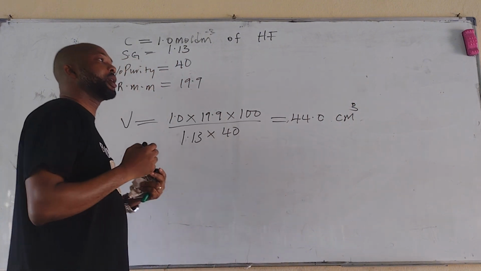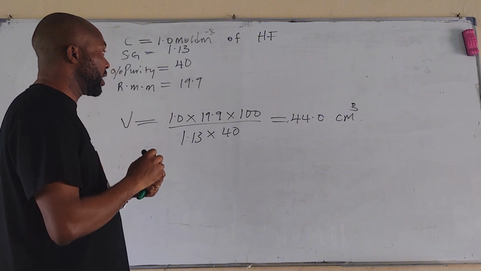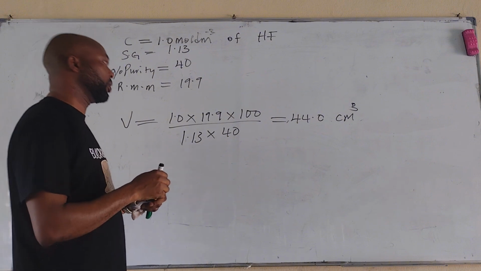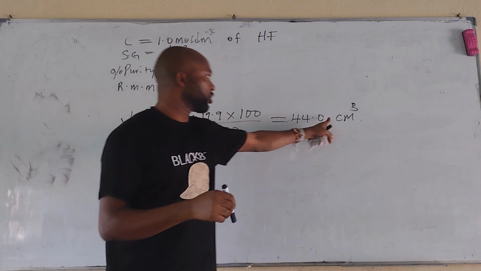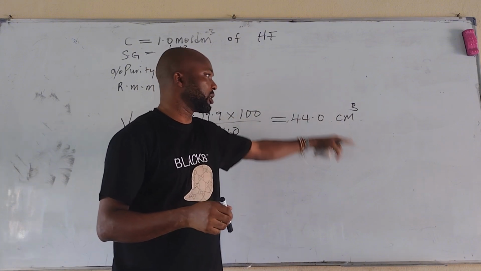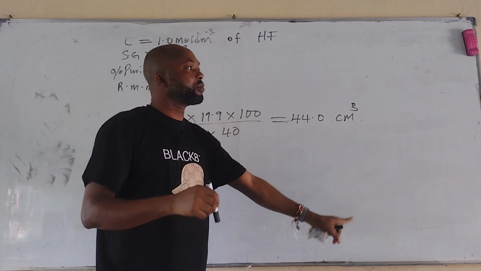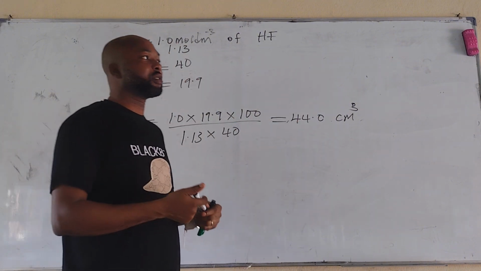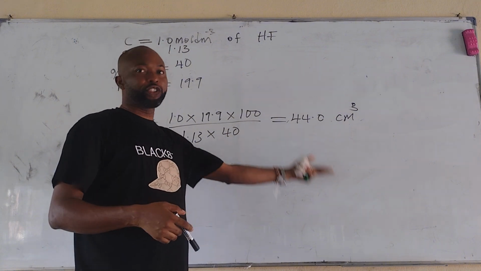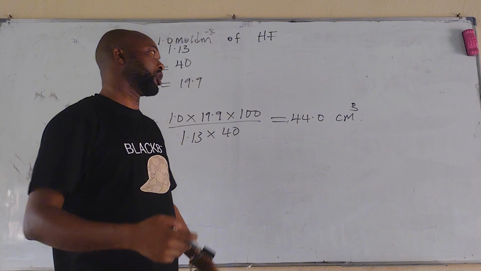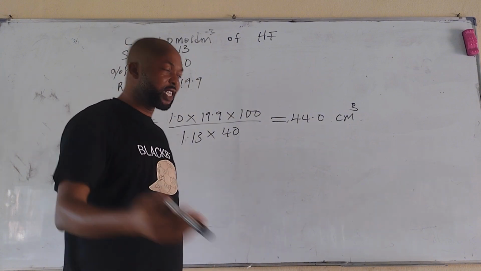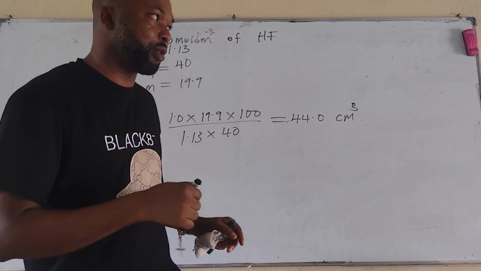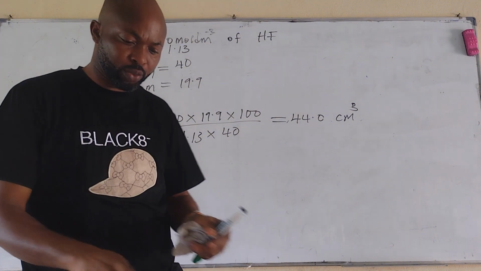In chemistry, our answers, even if we aren't told, should be in 3 significant figures. So the 02, make it 4, so just leave it at this. Now this value should be measured and dissolved in 1000 cm3, or divided by 2, put it in 500, or divided by 4, put it in 250, or divided by 8, and put it in 125 ml of water. So by so doing, that is prepared.